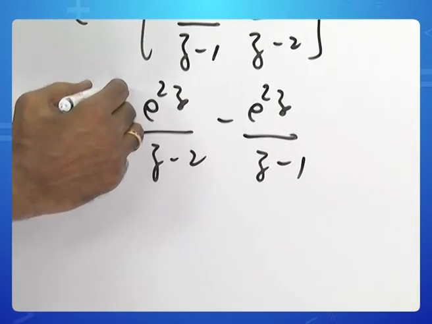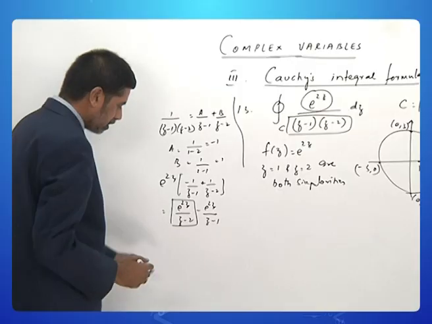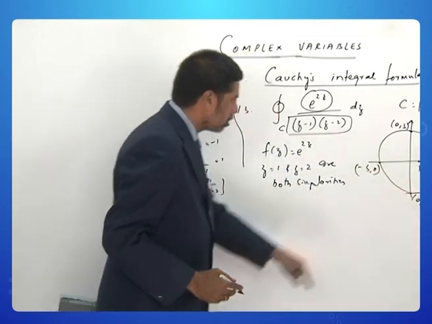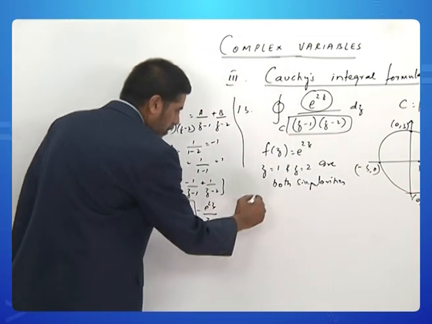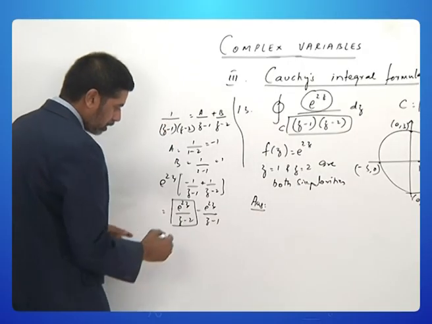And if you remember Cauchy's integral formula, for this part, the singularity is z is equal to 2, which lies inside the contour. So the answer to the problem can be worked out.